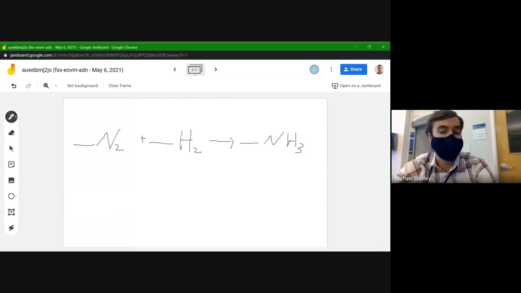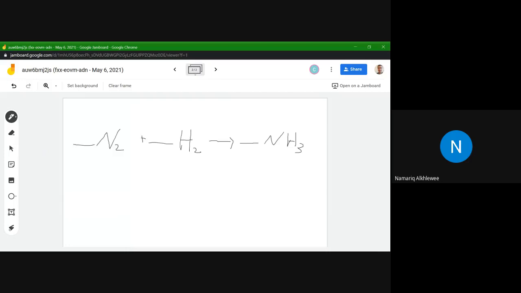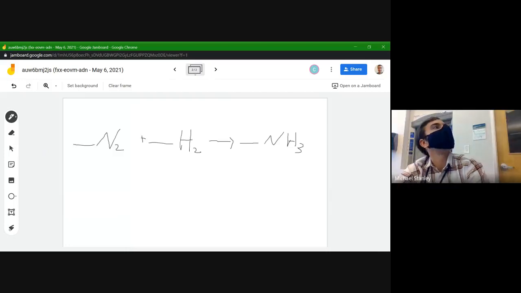So the first thing that we have to do is identify the atoms that are involved. So what are the two different atoms that we're dealing with here? N and H, right? Those are the different atoms that we have.